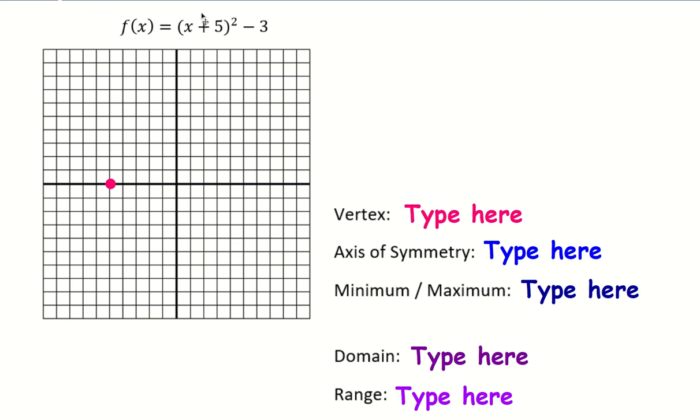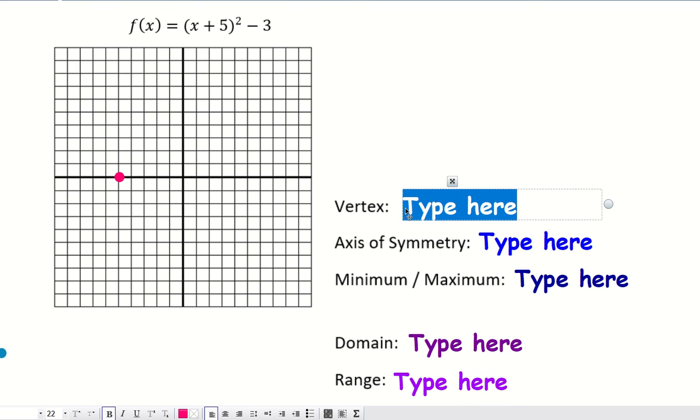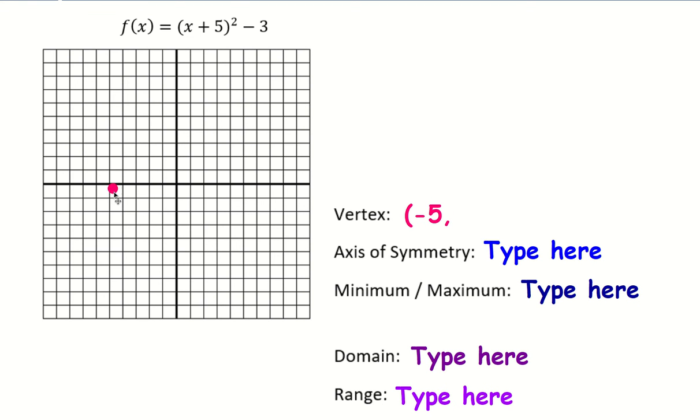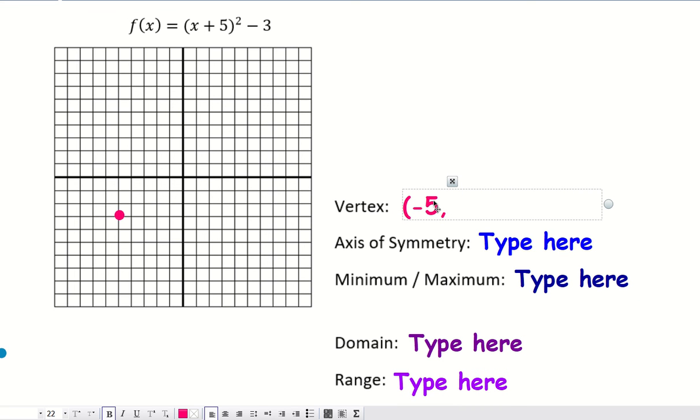Because our h value is technically negative 5, because this would technically say x minus a negative 5 squared. And our k value is negative 3, so that's a shift down 3 as well. So our final vertex, our final h, k, is negative 5, negative 3.